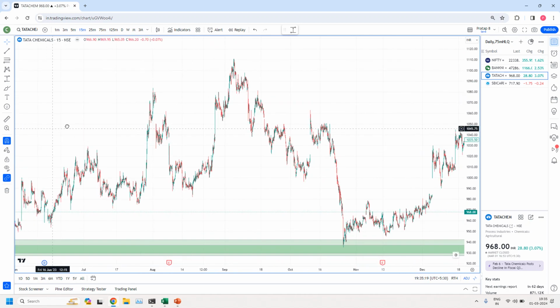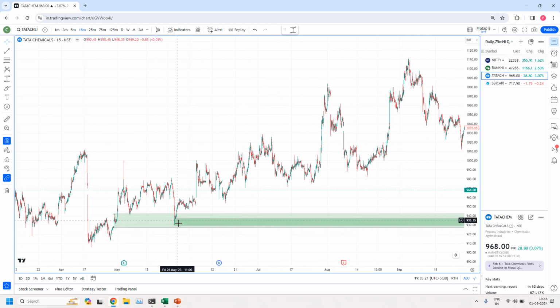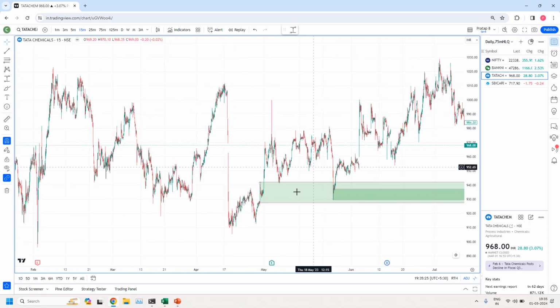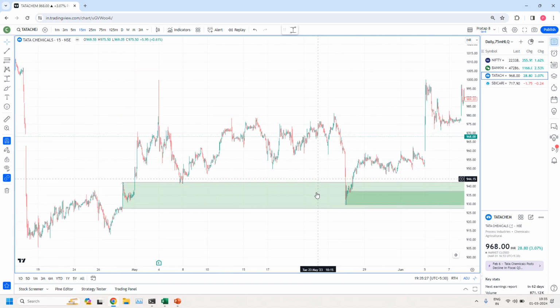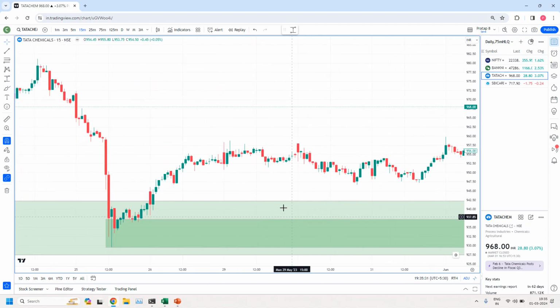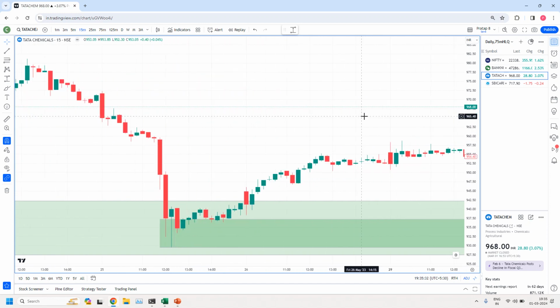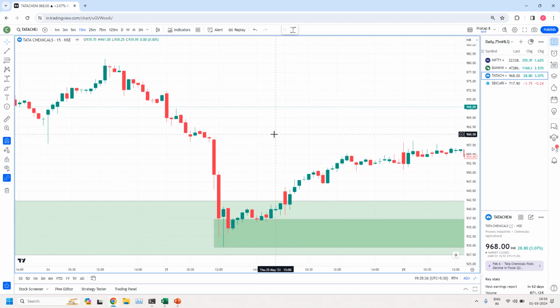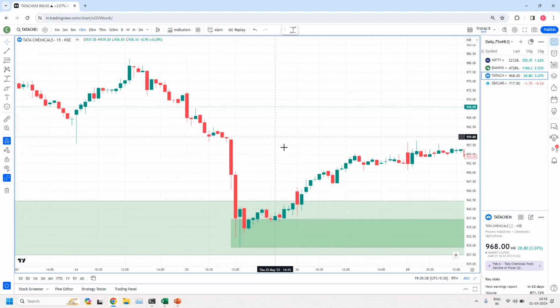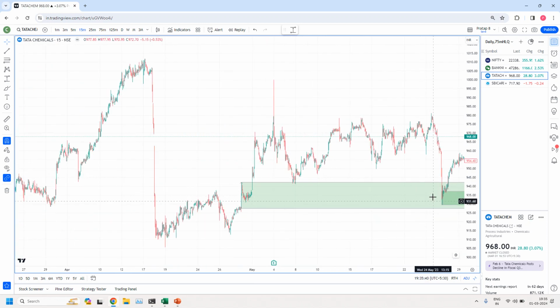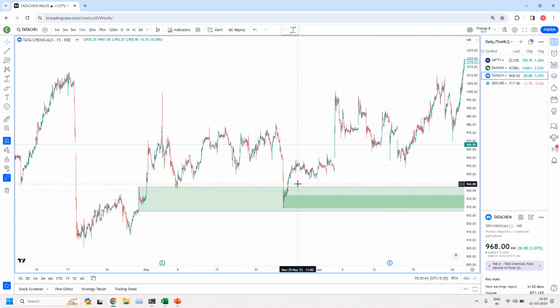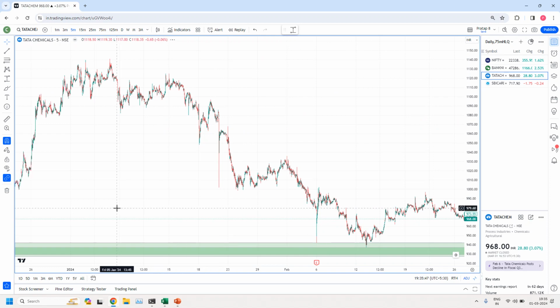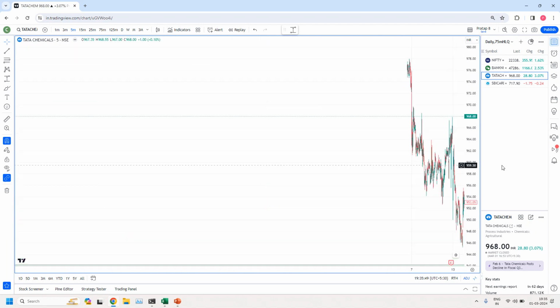Anyway, we are seeing this acting as a high liquidity zone, the one we fine-tuned. Sorry, this is not 15 minutes. I think this is also a 5-minute zone. 75-minute zone.